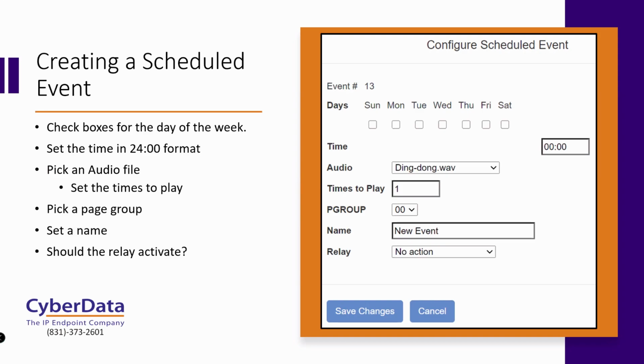After setting the days of the week to play and the time, you'll need to pick an audio file. And the audio file will, of course, need to be uploaded to the audio files page of the paging server before it can actually be selected. So if there is no audio file available in there, you won't be able to create the paging group. After selecting the audio file, you'll have to pick the number of times for that audio file to play.